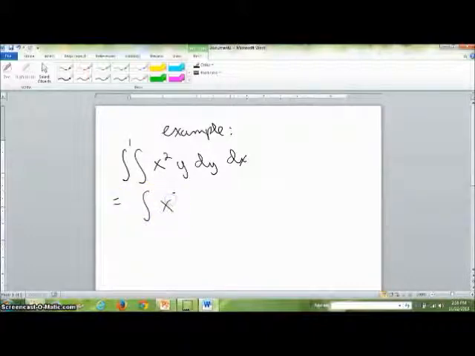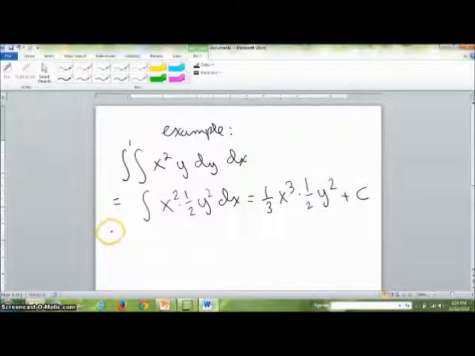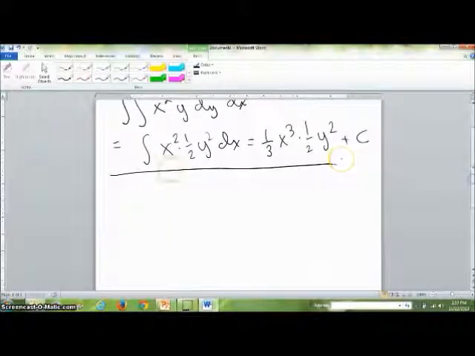The antiderivative of y with respect to y is 1/2 y squared, which is then treated as a constant times the antiderivative of x squared. Now let's rewrite the double integral as two separate single variable integrals.